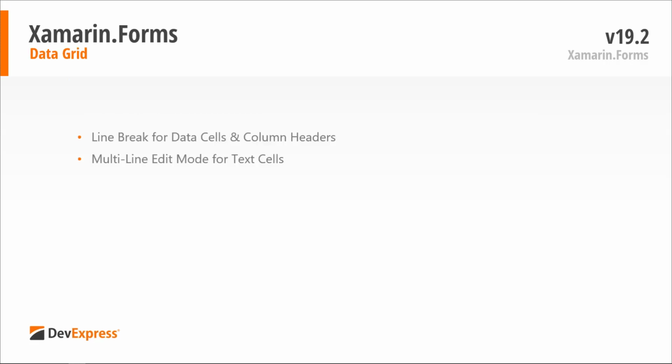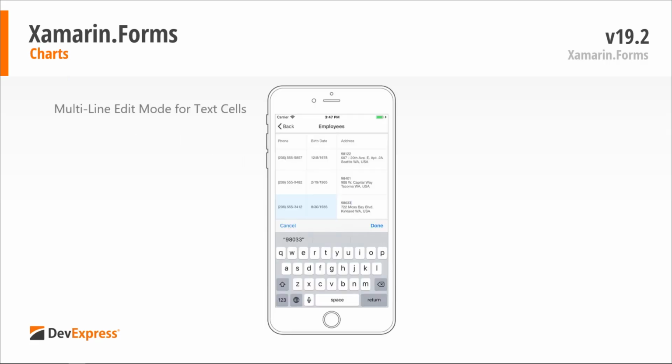Next, we've got the ability to use line breaks for data cells and column headers. So both the cells and the headers have full support for line breaks. And then we've got multi-line editing for text cells.